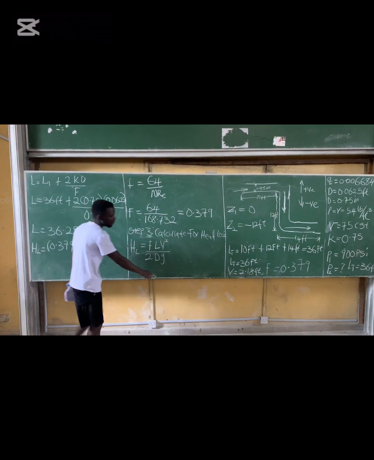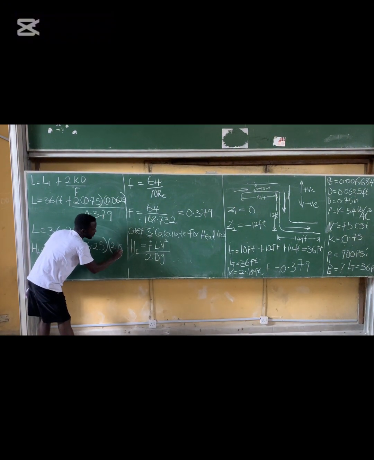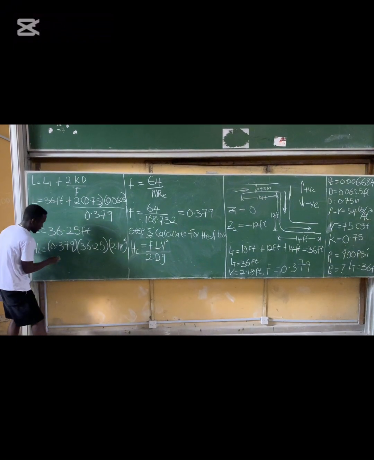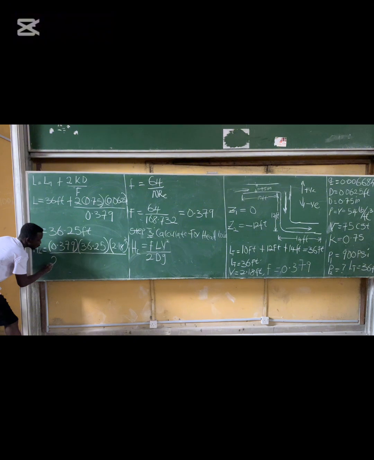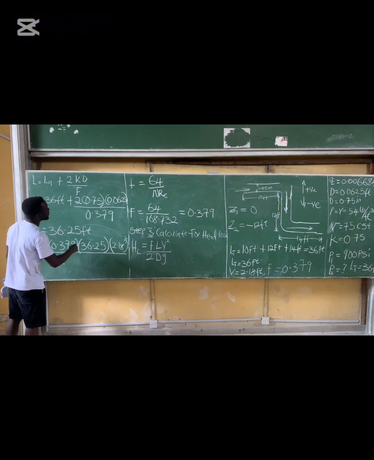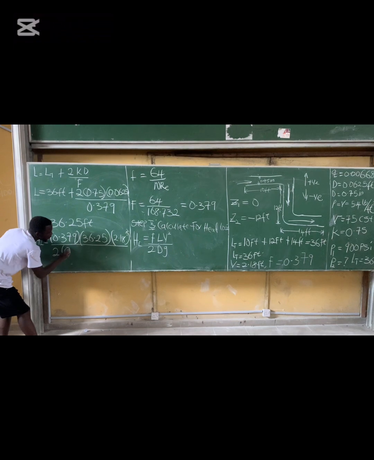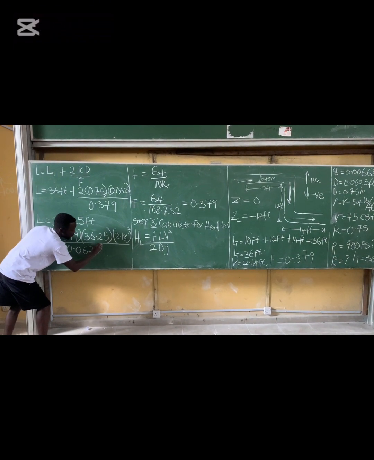Our velocity is 2.18, so it becomes 2.18 in brackets squared, divided by 2 times D. Our diameter in feet is 0.0625.